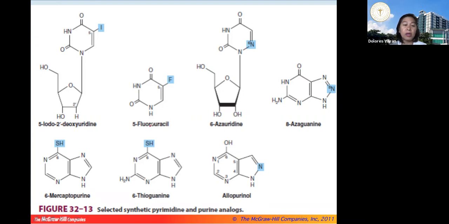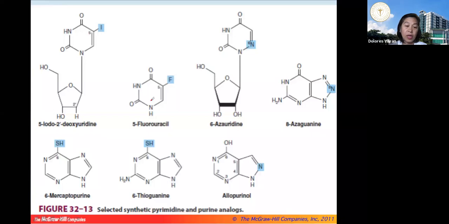So if these chemotherapeutic drugs are administered to a cancer patient, they will be look-alikes of your purine and pyrimidine. So when added to a growing DNA molecule of a cancer cell, then the DNA becomes abnormal.